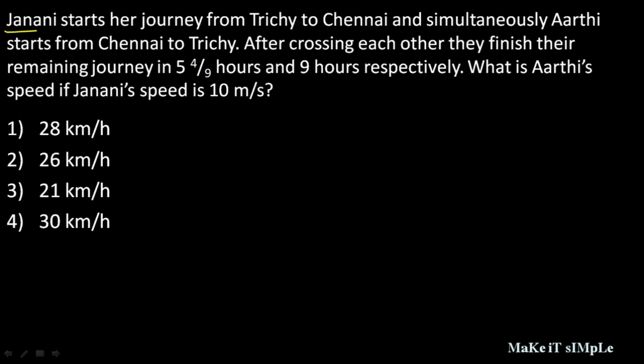Janani starts her journey from Trichy to Chennai, and simultaneously Aarti starts from Chennai to Trichy. After crossing each other, they finish their remaining journey in 5 4/9 hours and 9 hours respectively. What is Aarti's speed if Janani's speed is 10 meter per second? Here they have given Trichy, then Chennai.